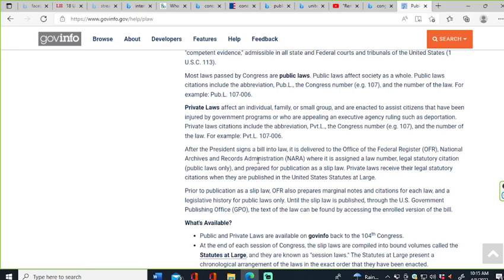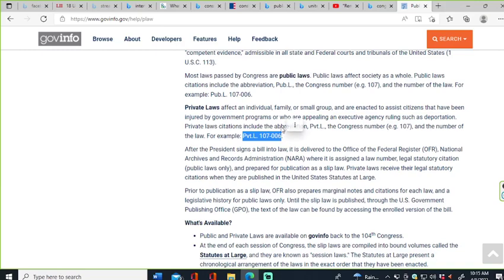Private law citations include the abbreviation PVTL, the Congress number, and the number of the law.